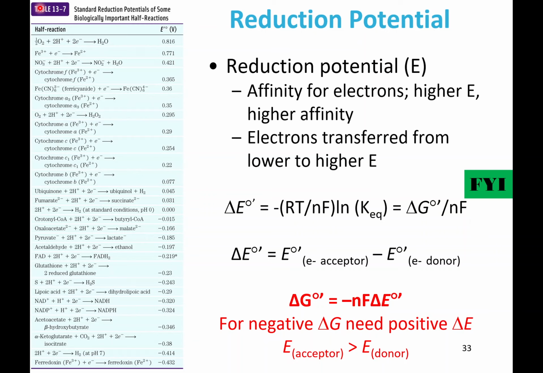This is a bit of an FYI, but you can talk about the reduction potentials of certain reactions and rank them. They're in this chart, in volts, so the volts of each of these reactions.